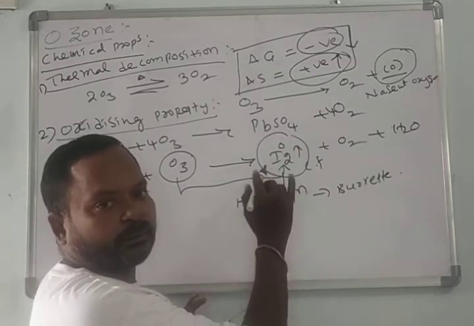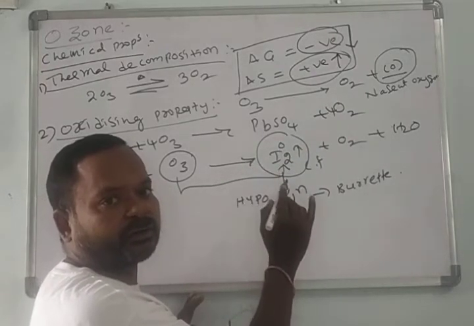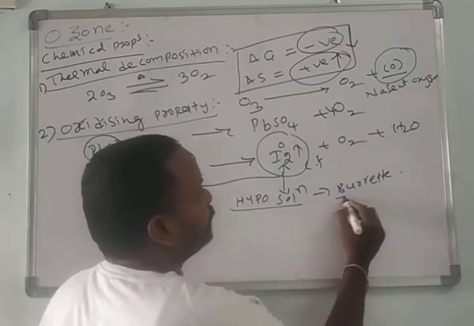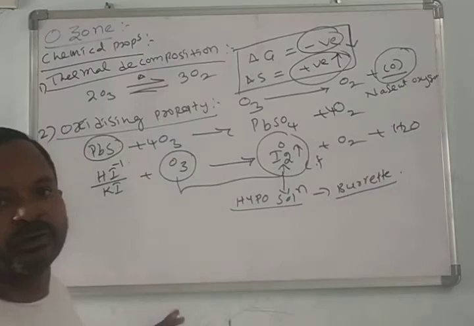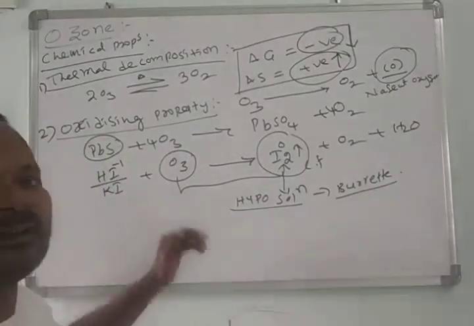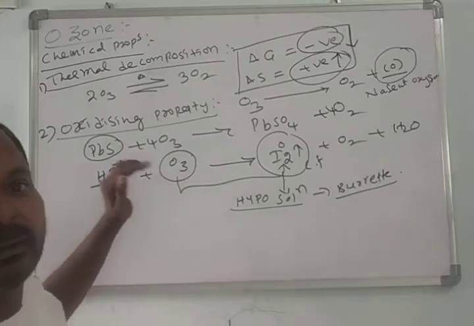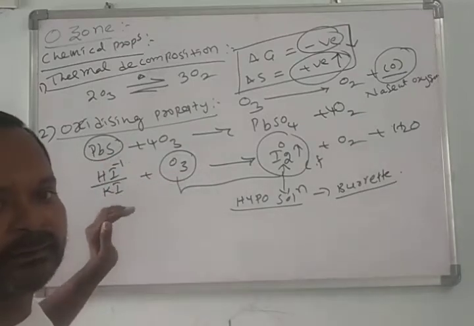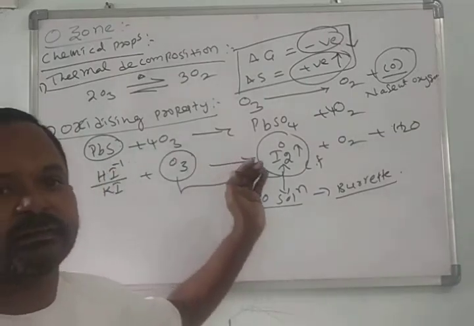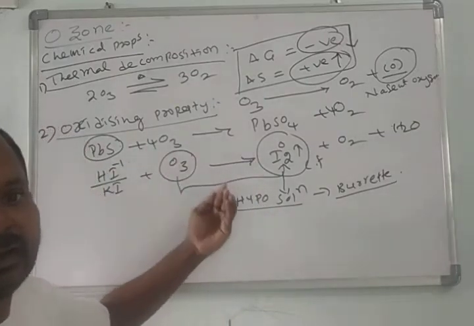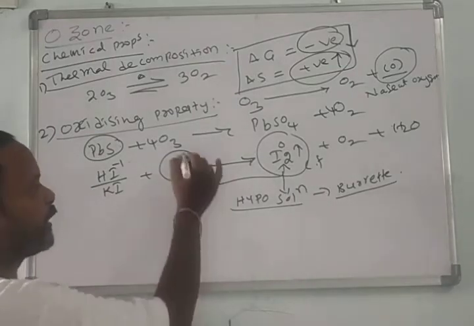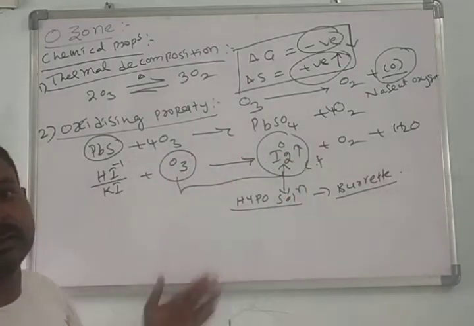This iodine solution is titrated against the hypo solution taken in a burette, and we find how much ozone is involved in this reaction. We have to determine the amount of ozone by using this reaction.